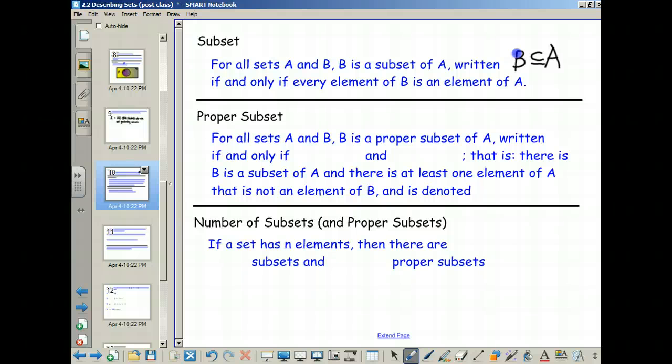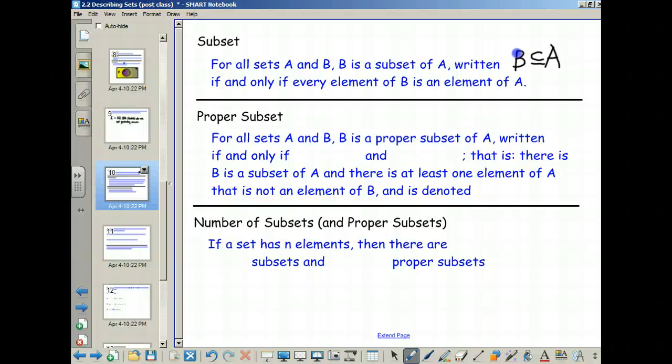So if I were to describe the universal set as my family, 4 of us, my husband, myself, my son, and my daughter, a subset of my family would be boys, right? Because if I describe either of the 2 boys, then they're also contained inside of the larger group that I call my family. So a subset is simply a smaller grouping, or at least potentially a smaller grouping of the original group we're talking about.